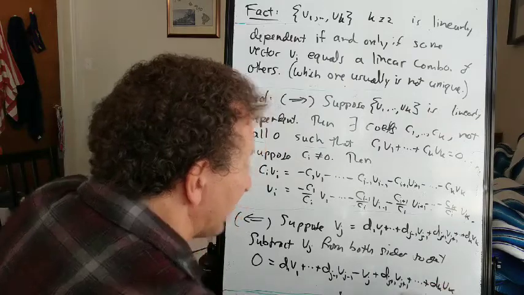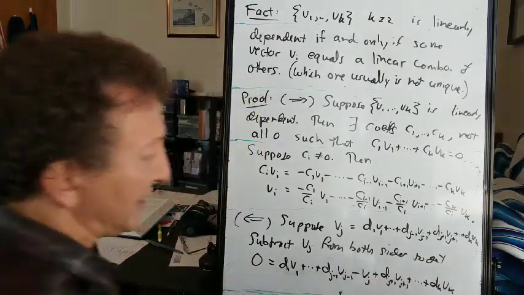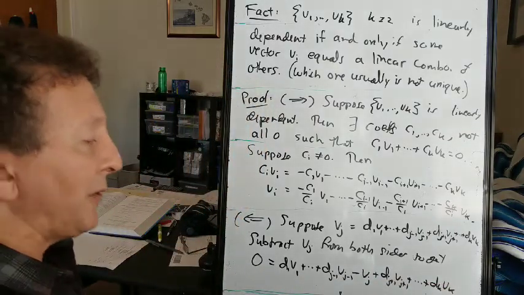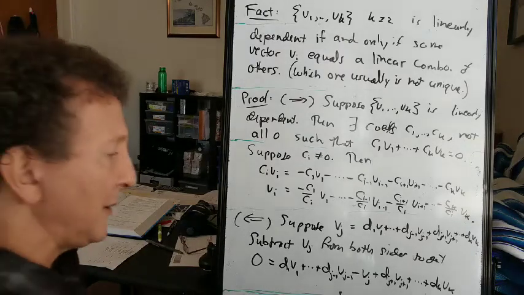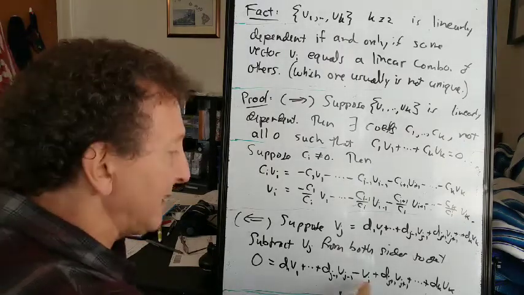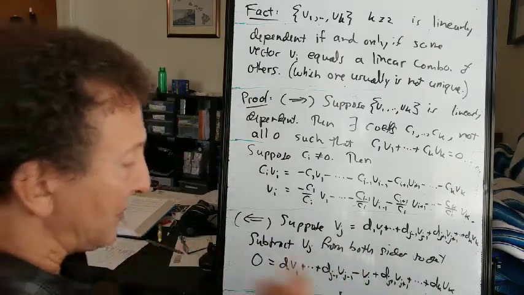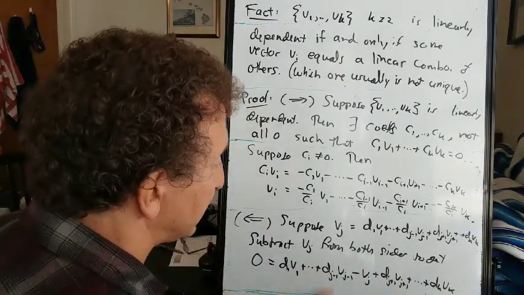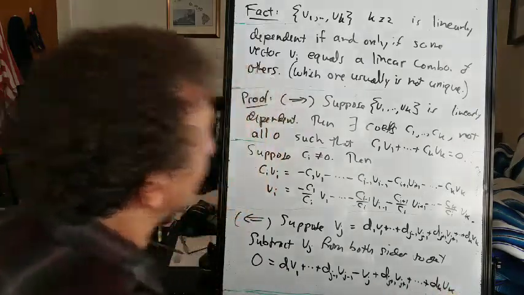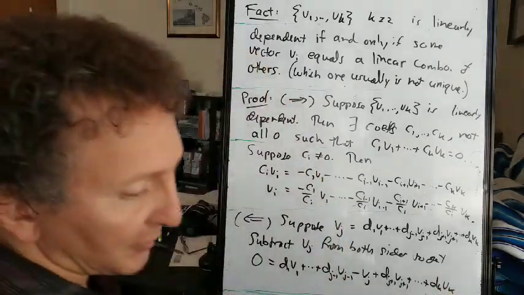So now we've got 0 equal to a linear combination. And how do we know these coefficients are not all 0? Well, we know that because the coefficient of vj is -1. So even if all the d's are 0, we've got at least one coefficient there that's non-zero. So that completes the proof of this fact.